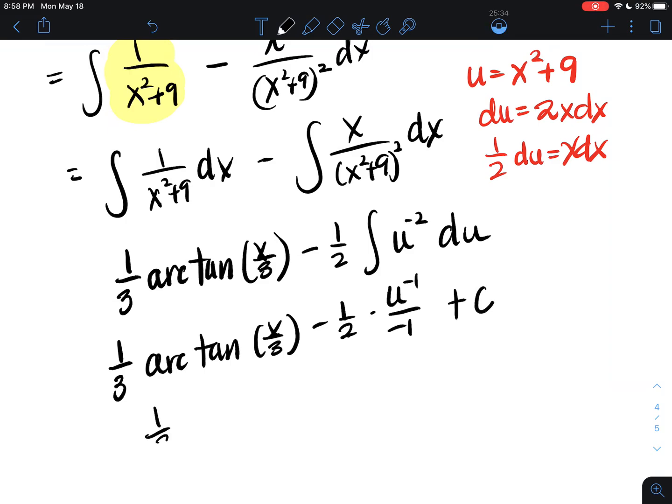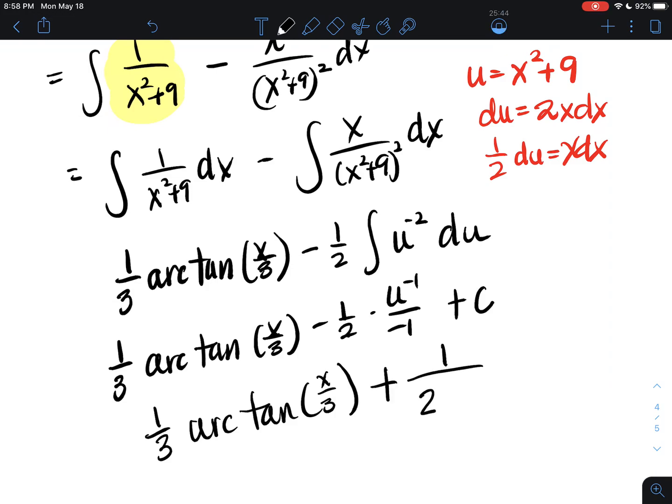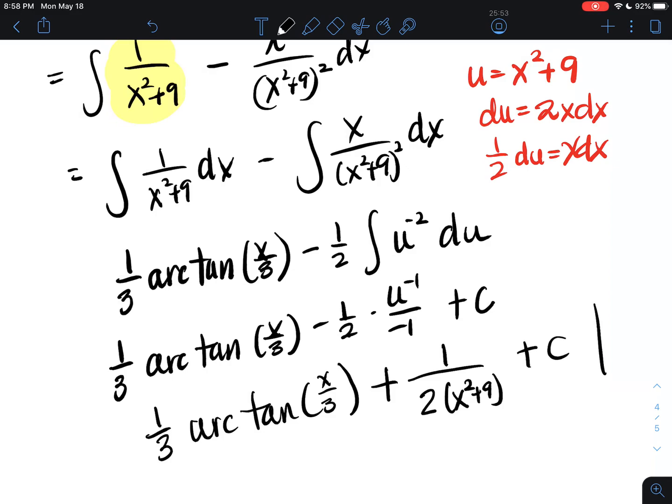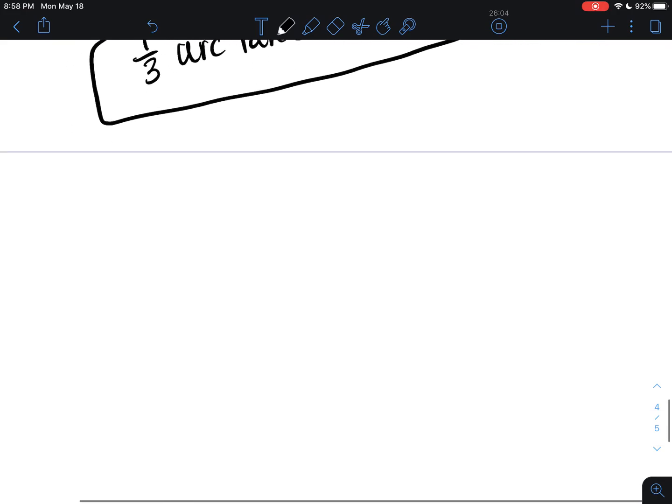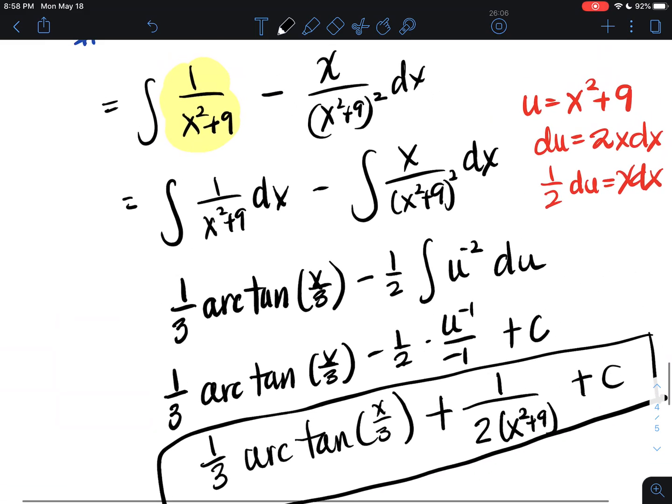So then this is going to give us 1/3 arctangent x over 3 plus 1 over 2 times u, but u is x squared plus 9. And that's it, plus c. Okay, so if you see something that you can't, there's no substitution for it, there might be a special rule for it. Okay, and that ends the section.